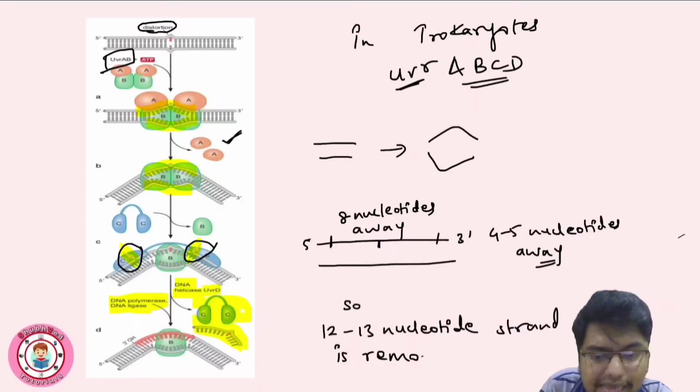This gap will be filled by DNA polymerase 1, and the last seal which remains is filled by DNA ligase. So this is in prokaryotes. These steps are very easy to remember in the order UVR A, B, C, D.